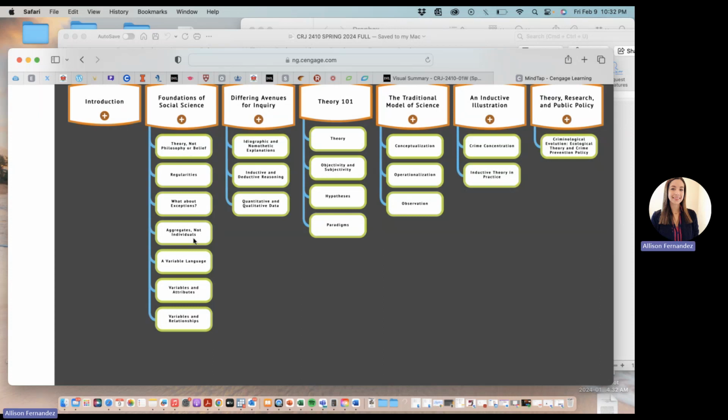It's not to say that we cannot be interested in individuals, but more often we're interested in aggregates, because that makes for generalizable information. If you're interested in individuals, that can be great, but you might not be able to apply that knowledge to a large number of people, which is why we usually look at aggregate information.